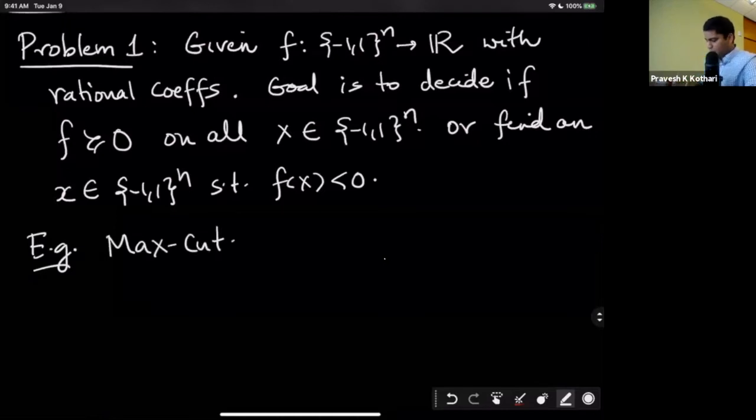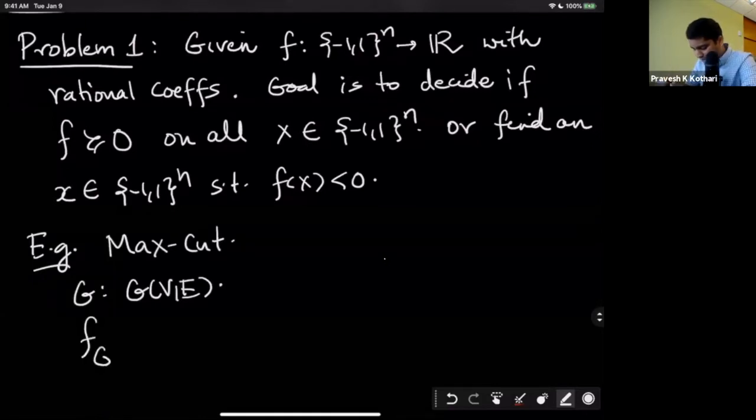Suppose you're given a graph G = (V, E). Then we already saw that there is a degree 2 polynomial that computes the size of the cut described by the input x. Let's call that polynomial f_G(x).